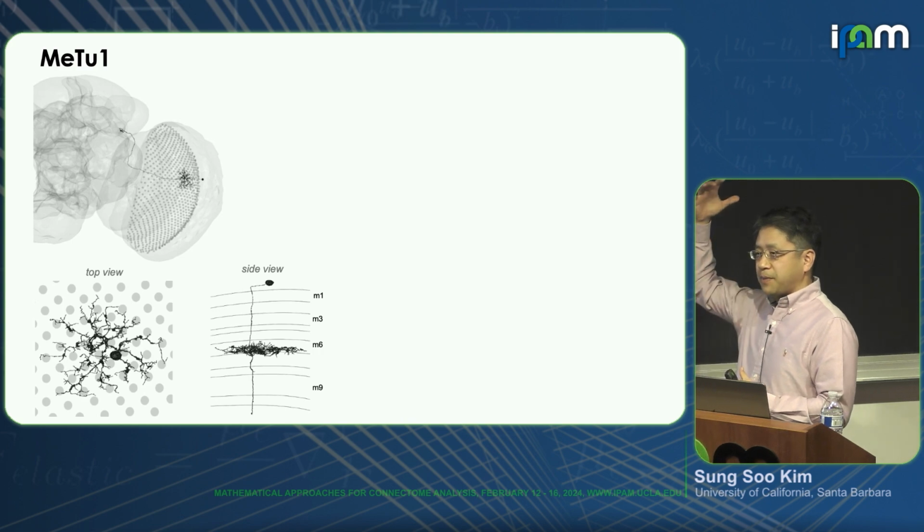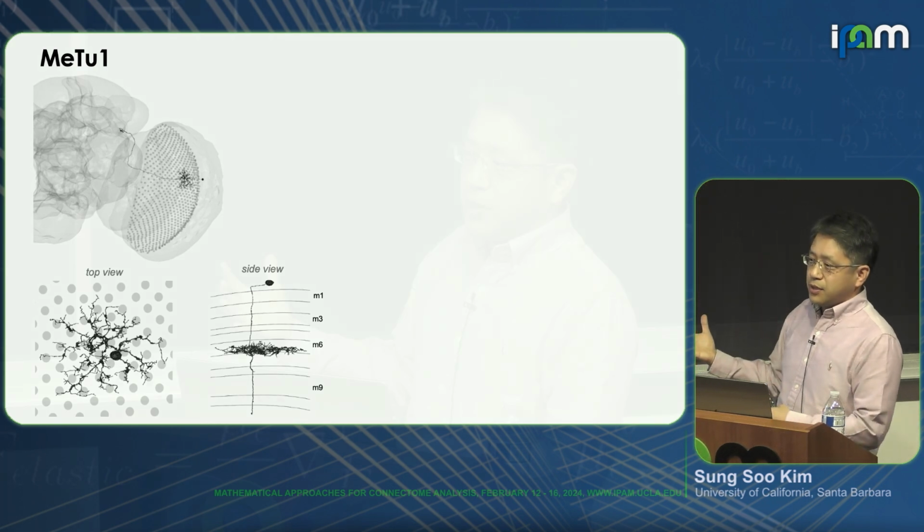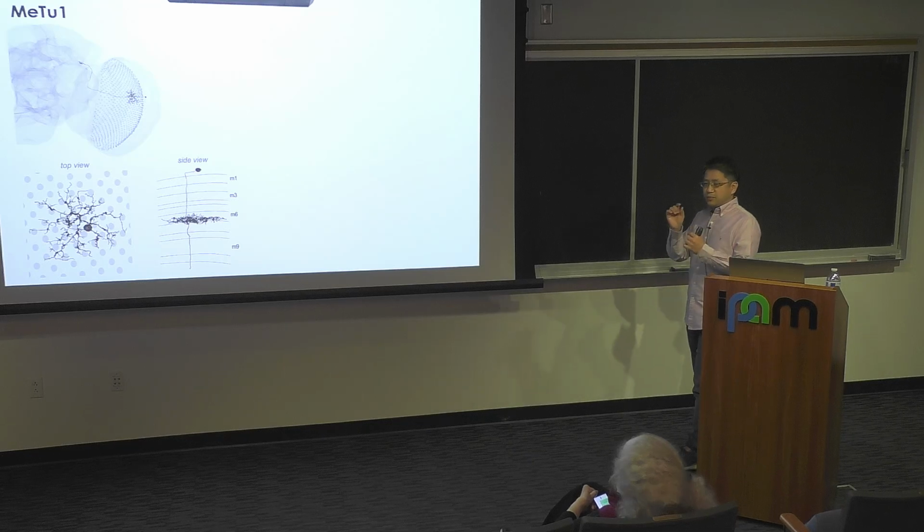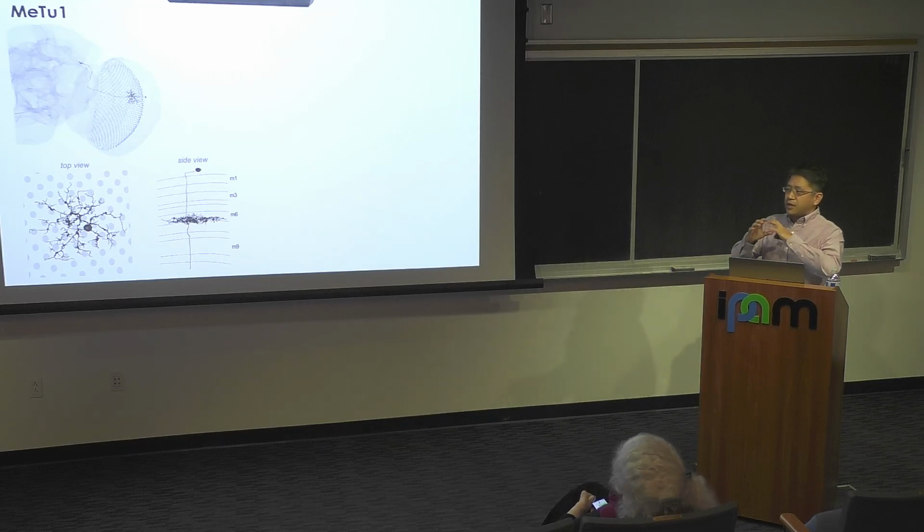And the fly eye has about 800 pixels on each side. And you can already see that Me-Tu 1 neurons cover about 20 to 30 medulla columns, meaning that detailed visual feature is not really important for navigation. So the head direction system doesn't care about small details, but just some kind of blurred image of the visual scene.